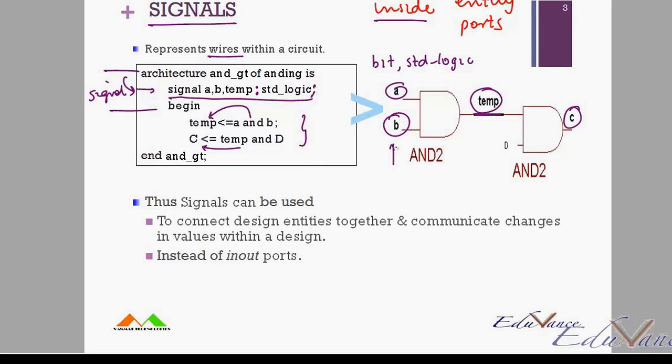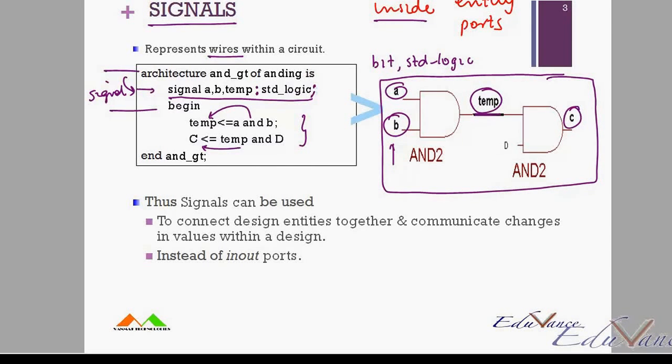Now if I have to make this a part of a full design, then I have to make sure that this design has an entity, obviously, otherwise there is no architecture. Without an entity, there is no architecture.